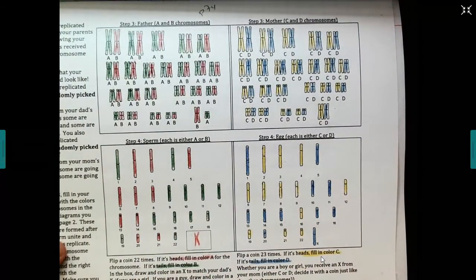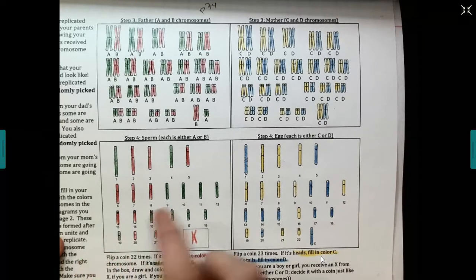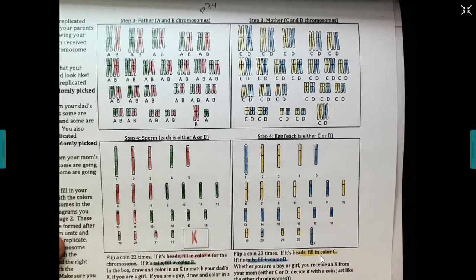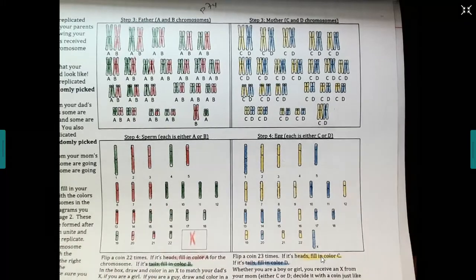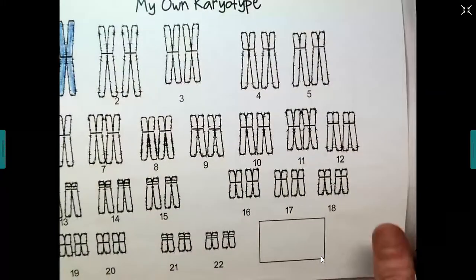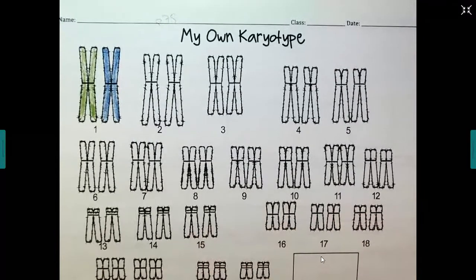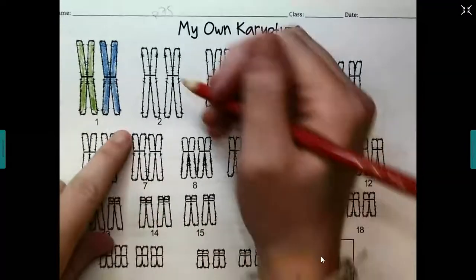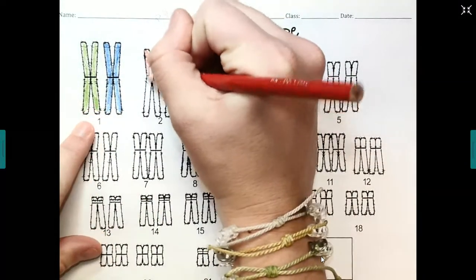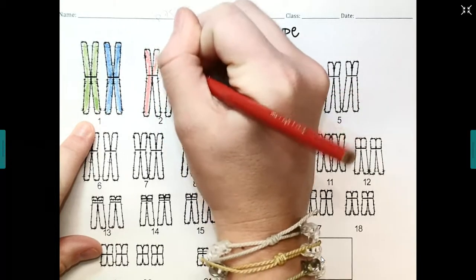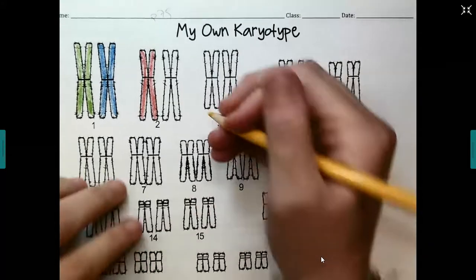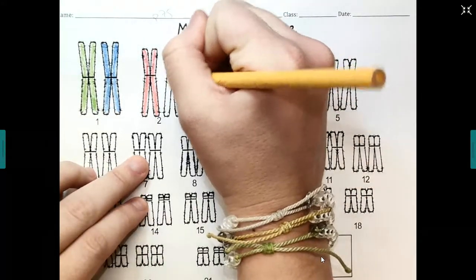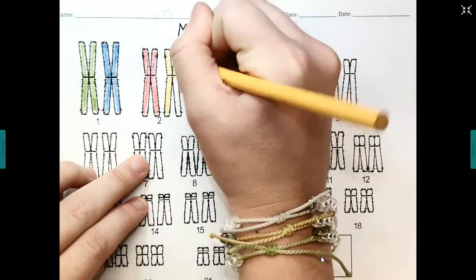I'm going to use my cell phone and quickly take a picture of this so that I don't have to flip back and forth. That way I can see the egg and sperm results and my own karyotype at the same time. So chromosome 2, the left one was red, and the one on the right for chromosome pair 2 is going to be yellow.